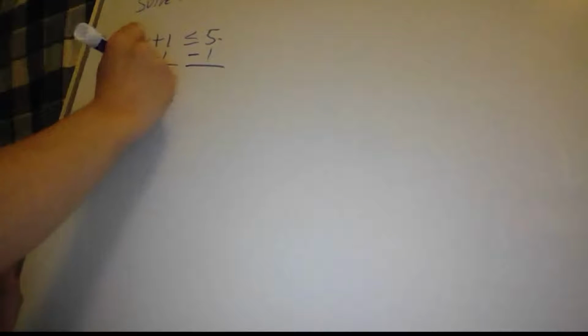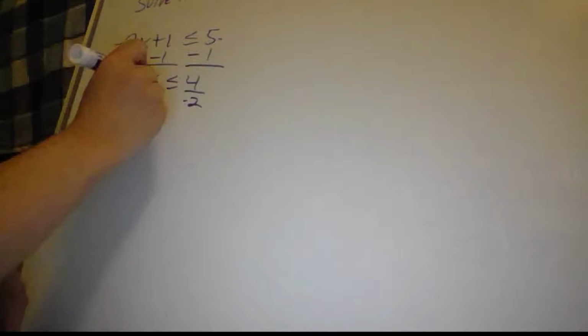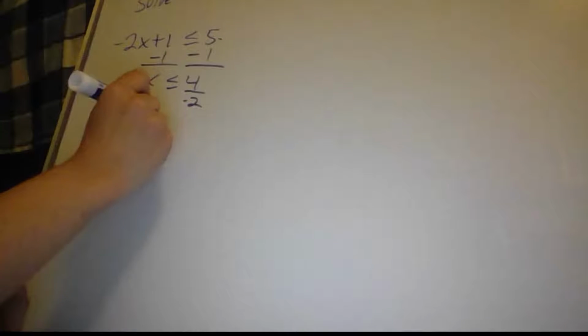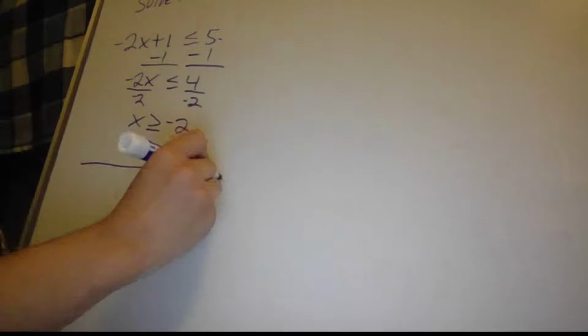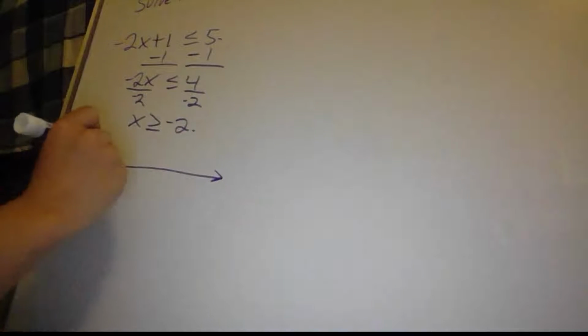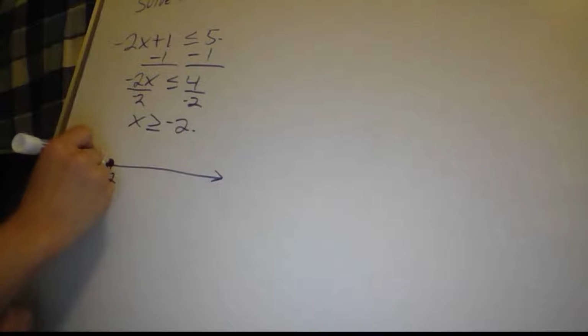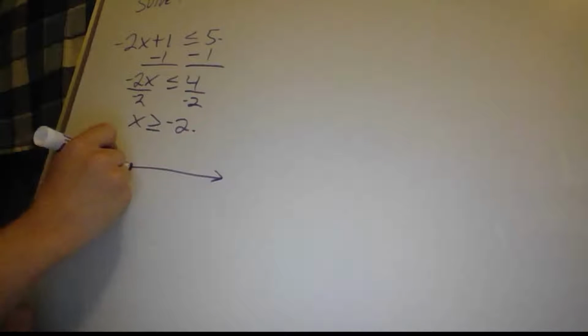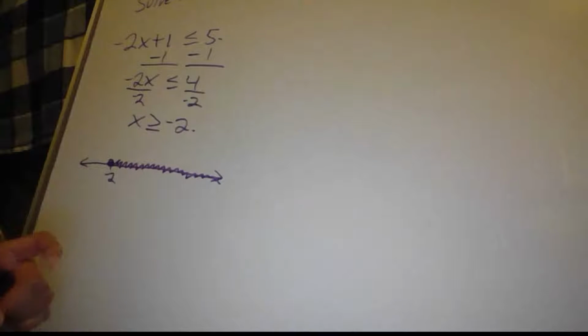Negative 2x is less than or equal to 4. Divide by negative 2 on both sides. X, and you're going to flip it, is greater than or equal to negative 2. So at negative 2 you're going to do a closed dot, and you're going to shade this whole part here.